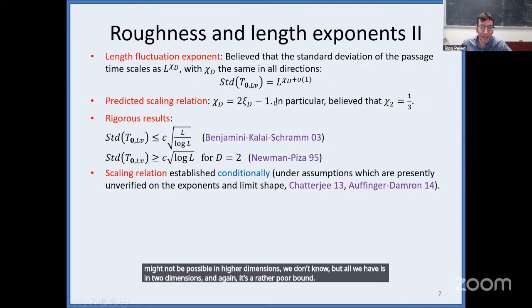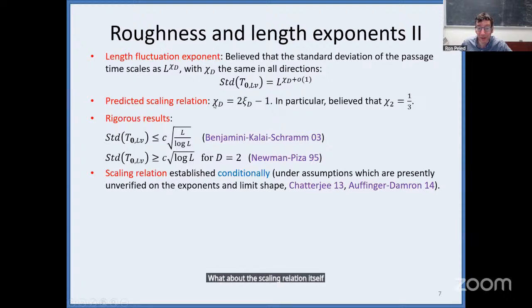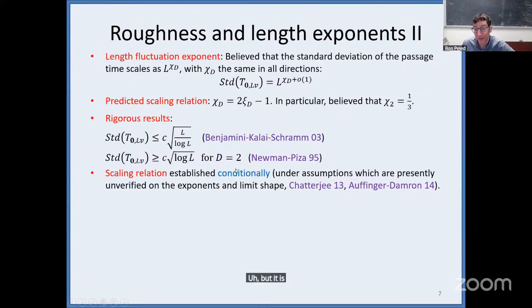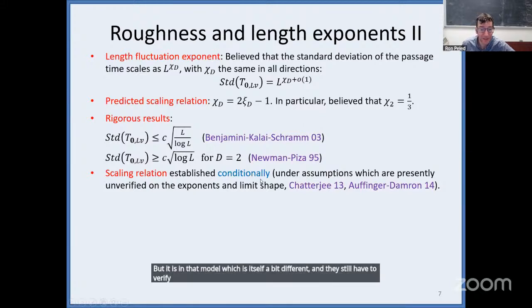What about the scaling relation itself? It has only been established conditionally for this model. Recently, for a somewhat different model of rotationally invariant first passage percolation, it has been established unconditionally by Alan Sly, Reddy, Basu. But it is in that model, which is itself a bit different, and they still have to verify assumptions that they know how to verify, but are not yet done.